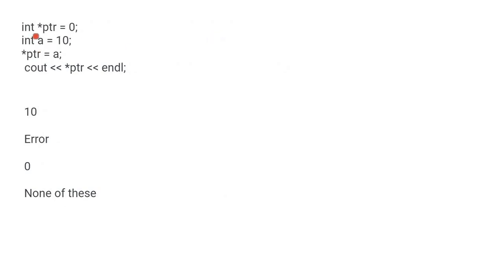Next we have int *ptr equal to 0. This concept was told in the last lecture, which means it's a null pointer. It is not pointing anywhere. This is the ideal way of defining a pointer if you do not have any memory address to assign right now.